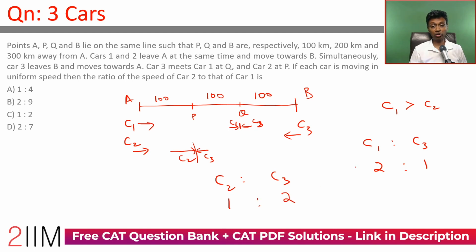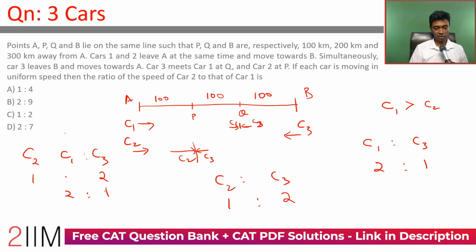We need to find C2 to C1. That's it. So car 2 to car 3 is 1:2. Fine. Car 1 to car 3 is 2:1. We want to find car 2 to car 1.